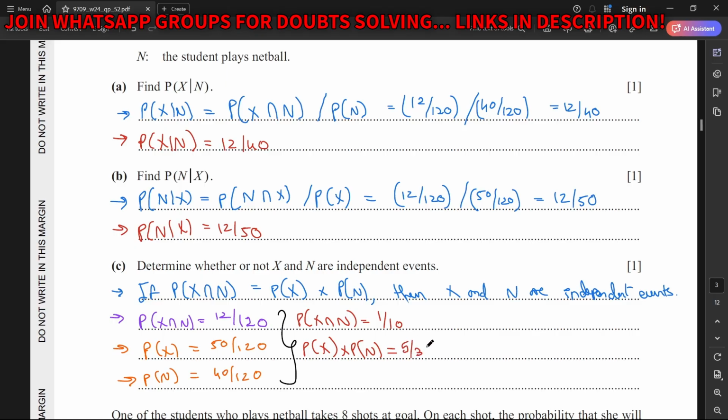So as both of them are not equal, what can we say? We can say that therefore x and n are not independent. We can say that they are dependent events. Or you can also say they are not independent events.